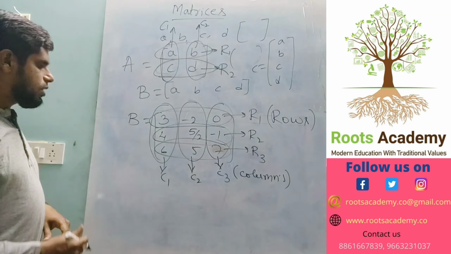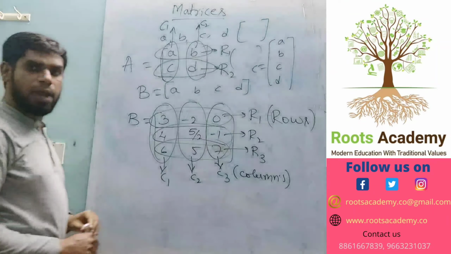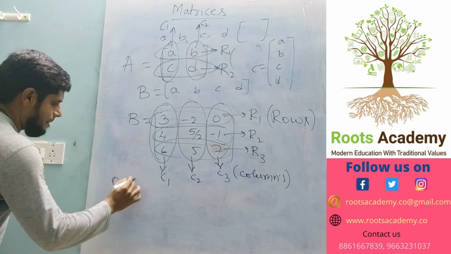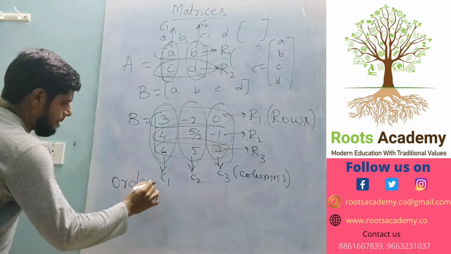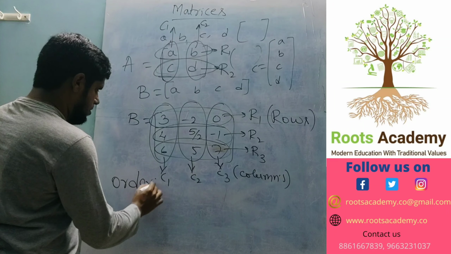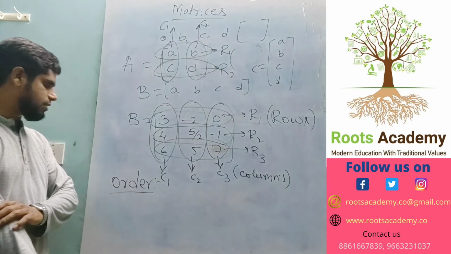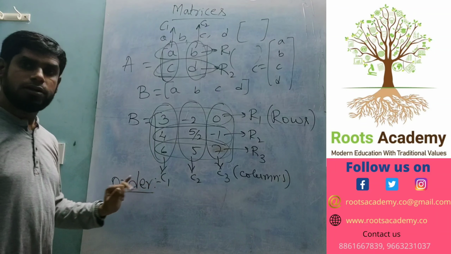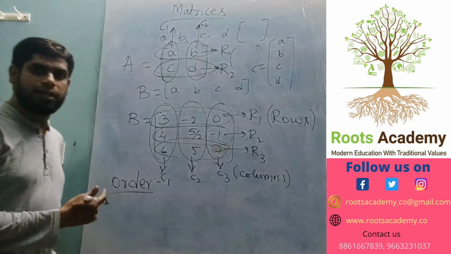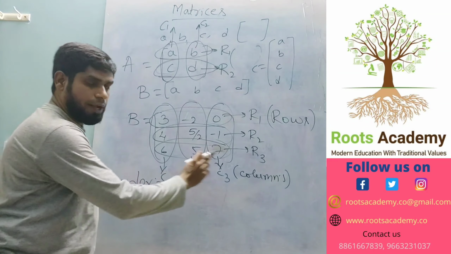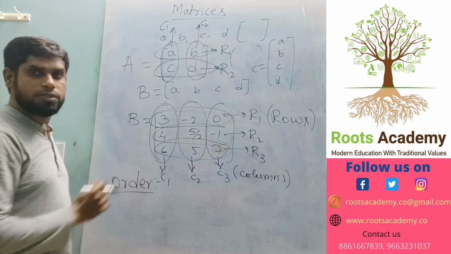Now let us go to the next definition of a matrix, that is order. The next definition in the matrix chapter is order. So students, what is order basically? Order is the number of rows into the number of columns.